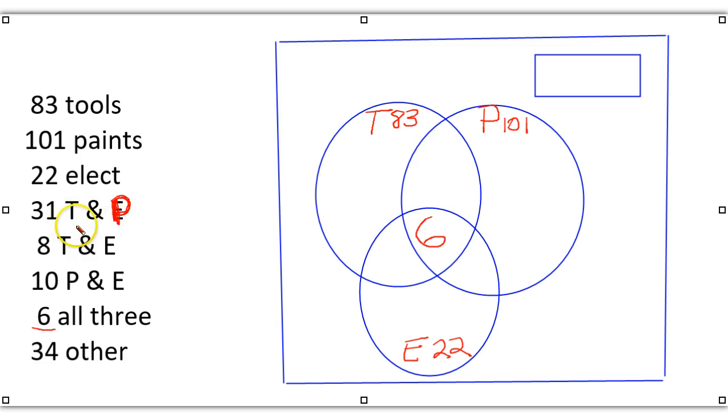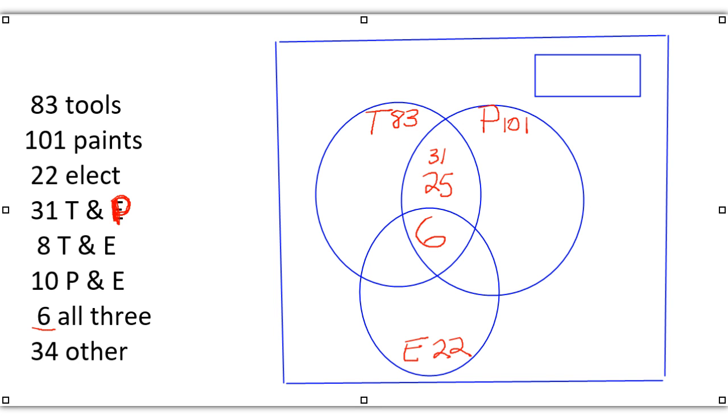Now if there's 31, and I'll put this up here lightly, that had both tool and paint, and 6 of them are already down here, we have to subtract the 6 from the 31, and that'll give us then 25 that just had the tool and the paint.